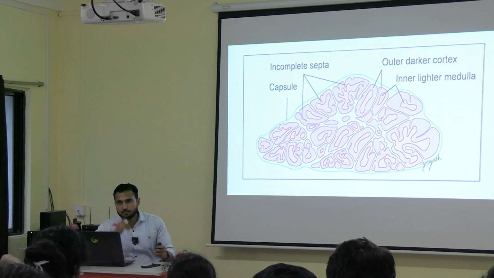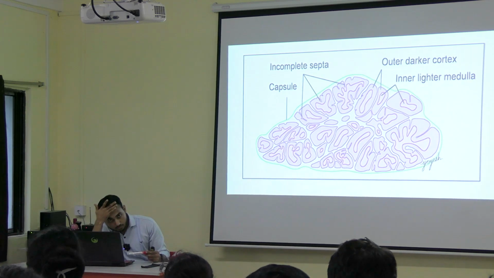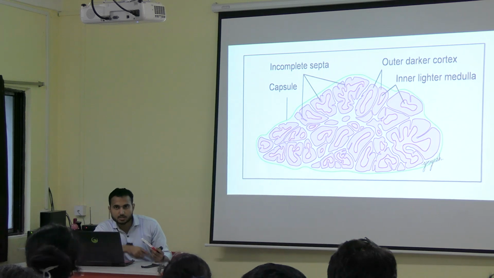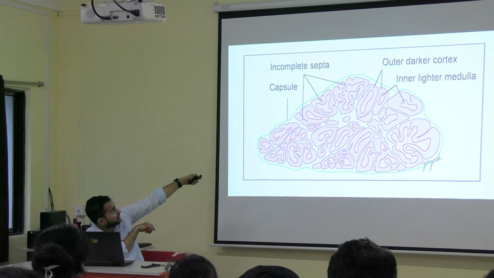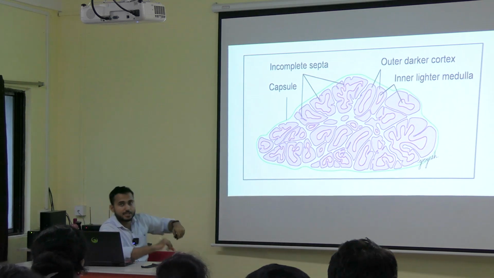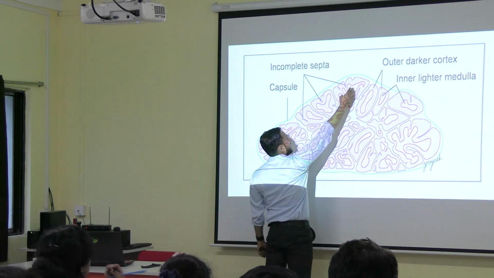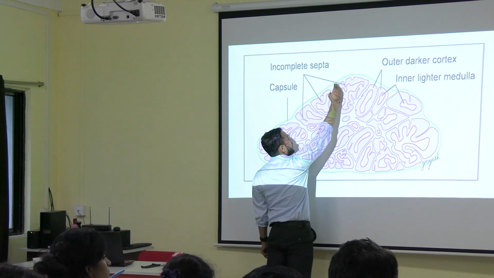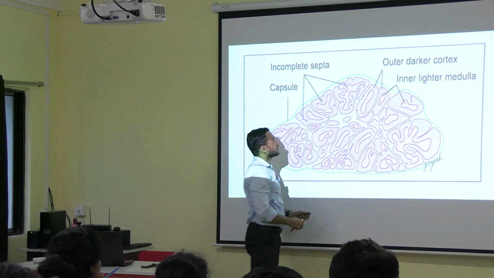Here you can see the diagram. Can you see the connective tissue capsule? Yes. After that, I hope you can see the connective tissue septa, the incomplete septa. Now, what do the incomplete septa do? They divide it into cortex and medulla. This is the cortex, this is the medulla.